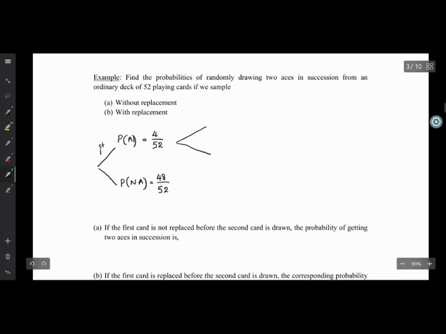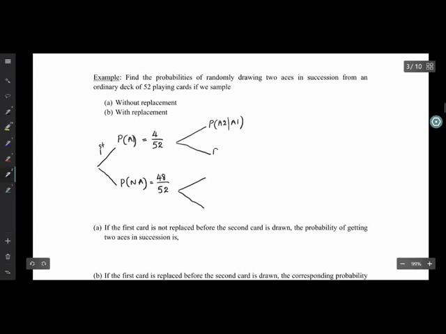When we pick the second card, maybe the first one was an ace or maybe the first is not an ace. So there are 2 possibilities. The first branch will be the probability of selecting the second ace, knowing that the first one was also an ace.